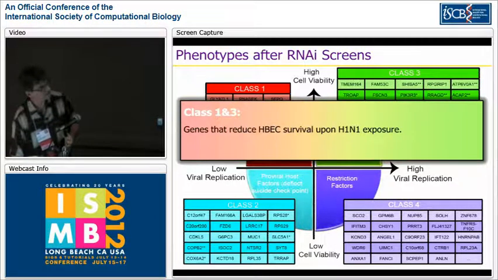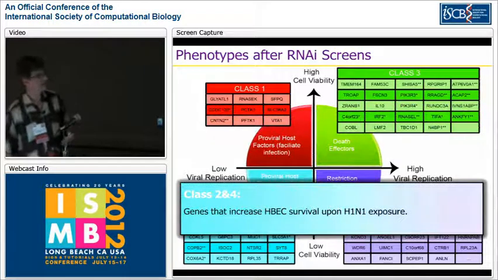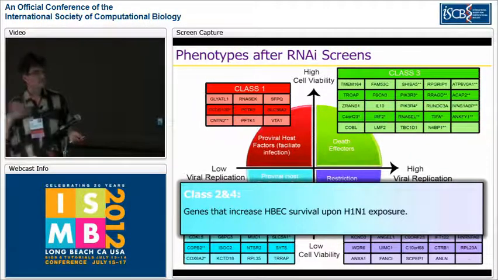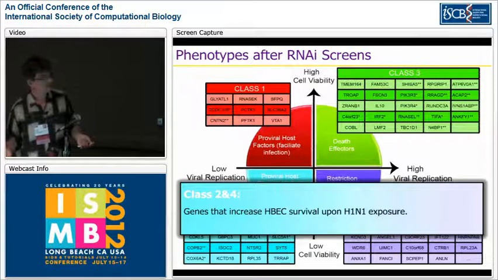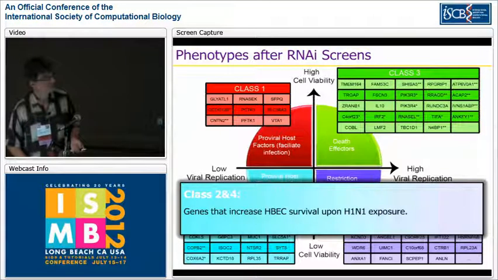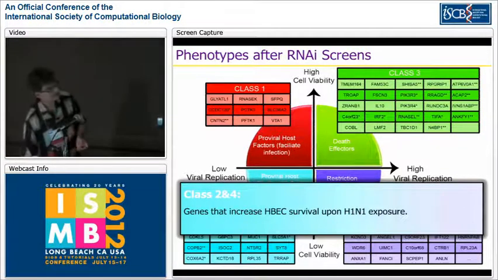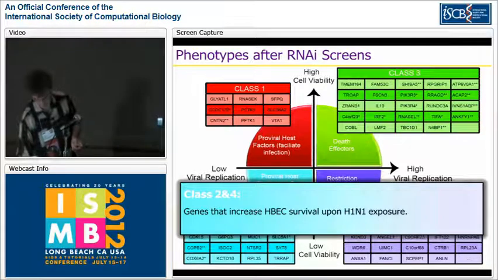On the other hand, here are the classes that would increase HBEC survival upon H1N1 exposure. These are to some extent very interesting, especially this class, because they are preventing cell death to some extent induced by the virus. On the other hand, here are factors used by the host cell against death of the host cell.